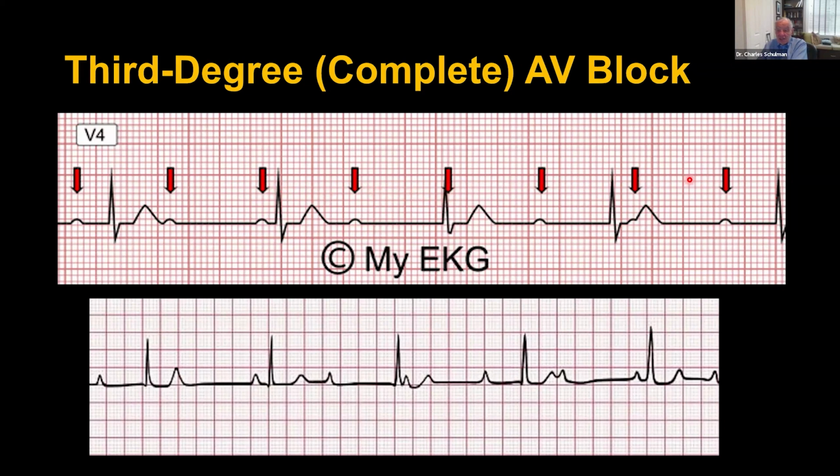And you notice that there is no relationship between the P waves and the QRSs, right? It's particularly evident when a P wave is right on top of the QRS. Here it's in the middle of the T wave. Here's another one in the middle of the T wave. Okay, here's another example of the same thing.